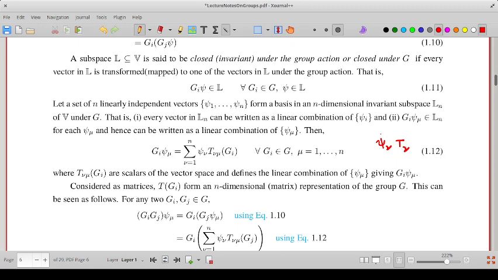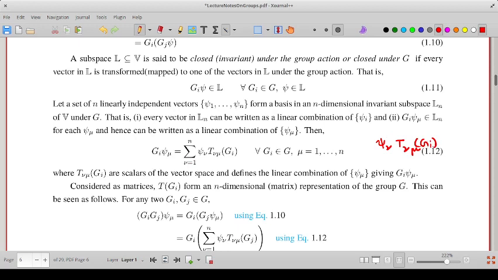But now this is obtained from the action of Gi on psi mu, and therefore this coefficient should depend upon Gi as well as on mu. So we will write the second index mu here corresponding to the action of Gi on psi mu. We also have to write the dependence of T on the group element Gi, and we will write it as T nu mu of Gi.